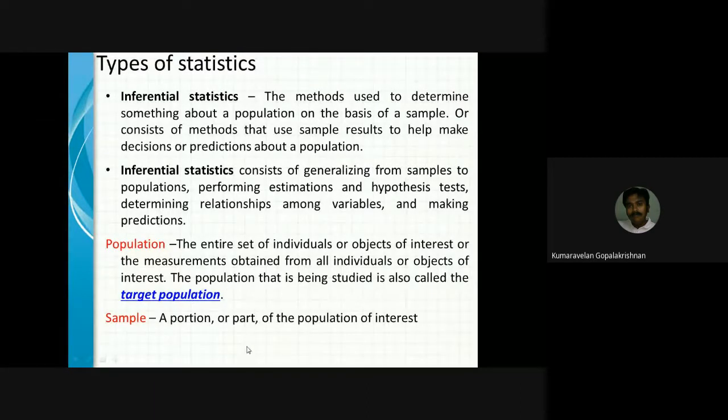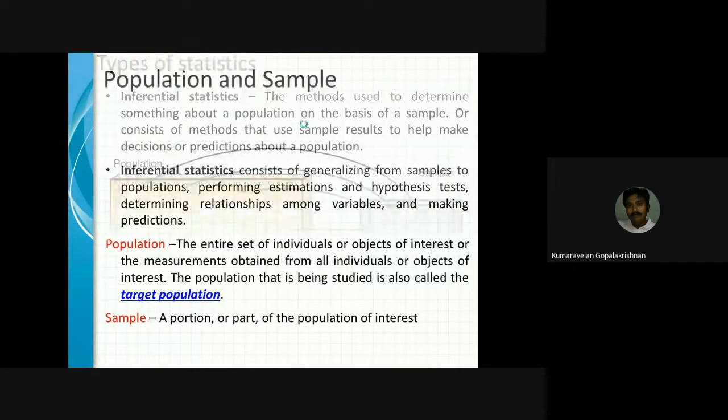After I get the result, I will generalize it to that particular population. That type of statistics is called inferential statistics. That is, from the population, I take some sample, do some computations, and if I get some result, I generalize it to the population. That kind of study is called inferential statistics.